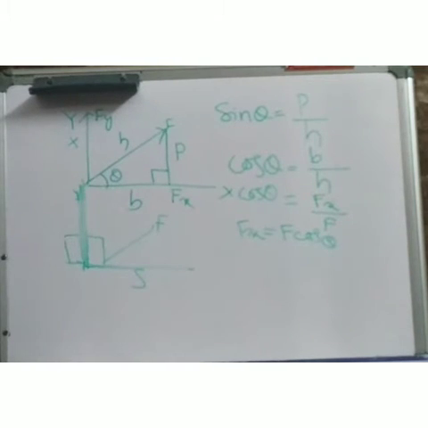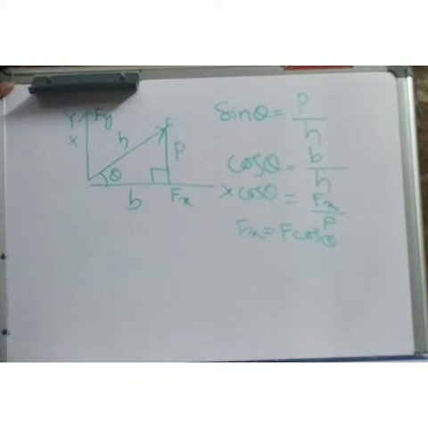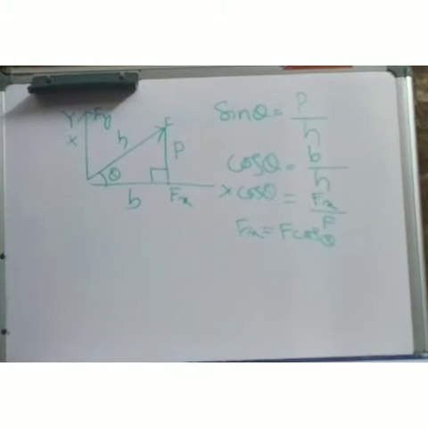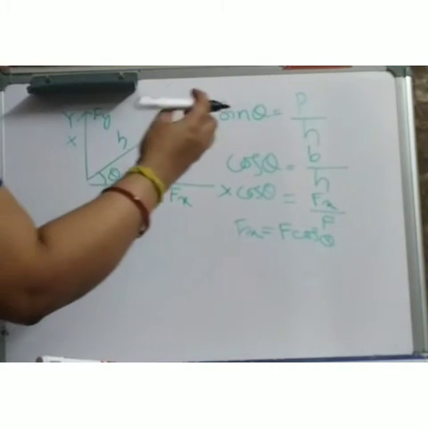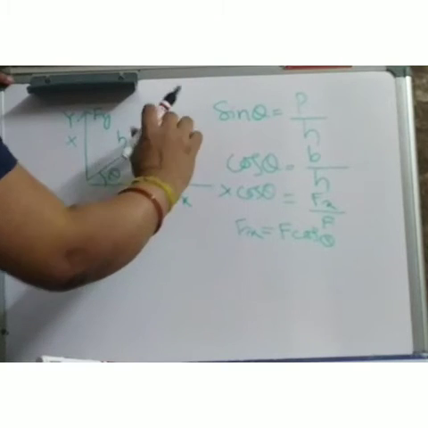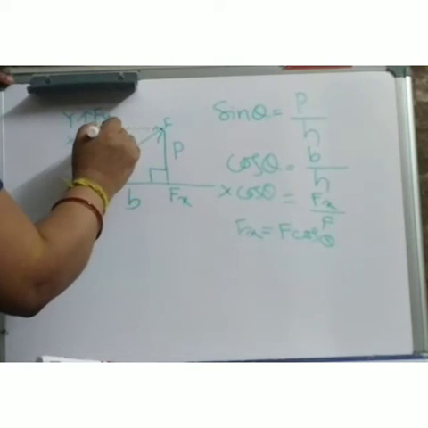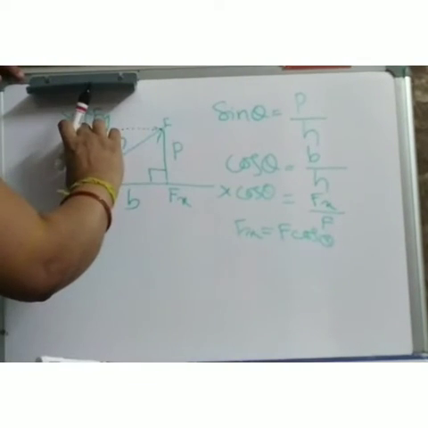Still, I will explain what sin theta is. Sin theta will be P by H. So what is P by H? P is your this. Now tell me, is this the same P over here?